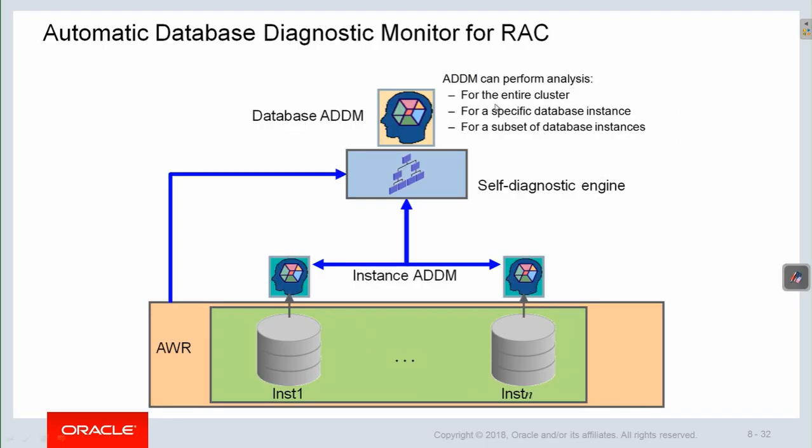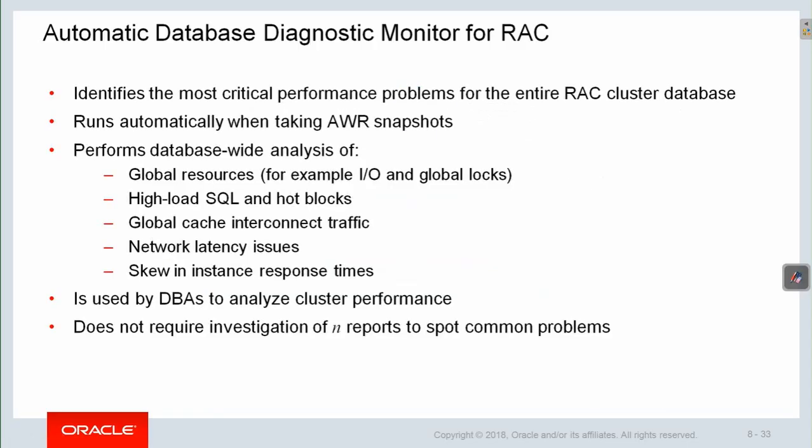ADDM can analyze the entire cluster or specific instance or subset of database instances, and eventually it can make recommendations and also findings. So you can identify the most critical performance problem and the component that is eating up a large amount of DB time, and that will give you the best and optimal tuning opportunity.